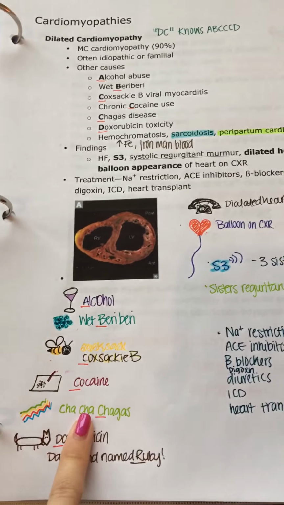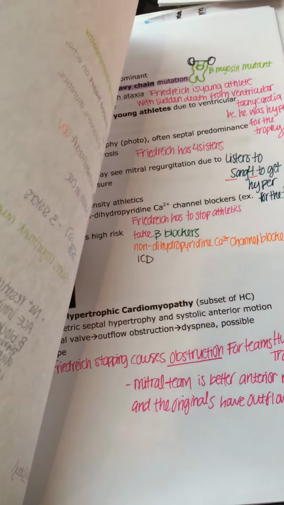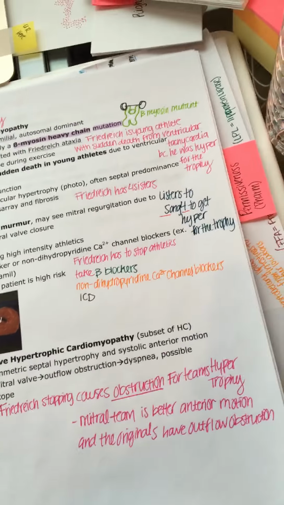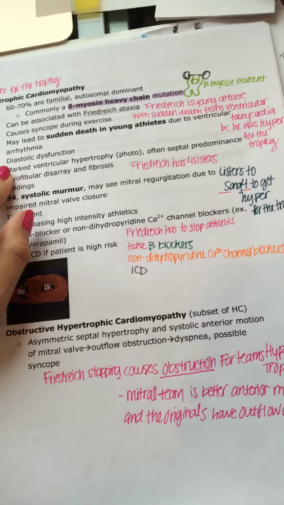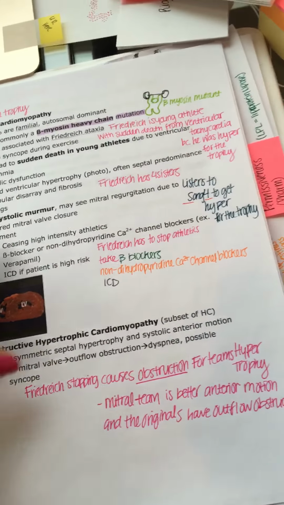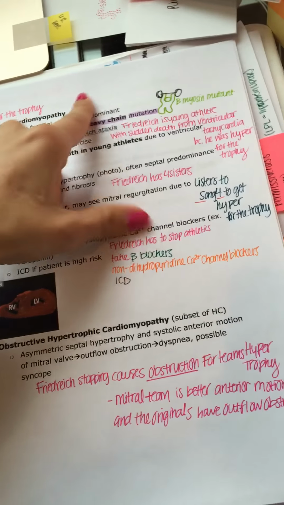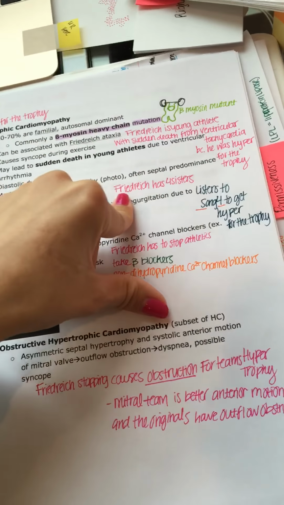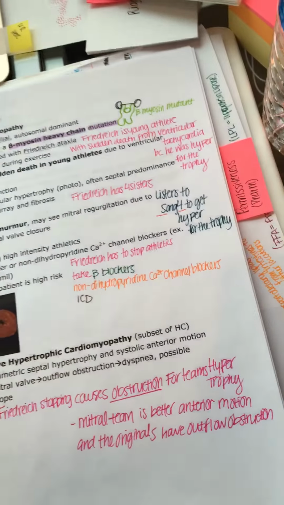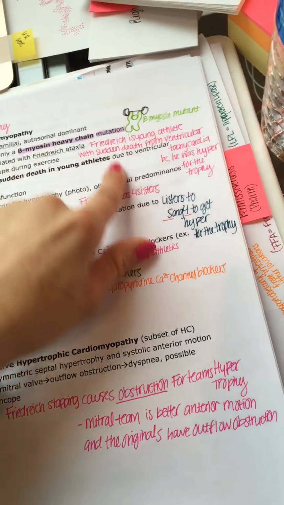Most of these drawings I did get from Picmonic. So usually I'll type these things from First Aid. I look over it, and then I look at the Picmonic, and if I like what the Picmonic does to help me remember, then I do that. If I don't, then I'll make up my own little things and draw it in, and then I'm done with that.